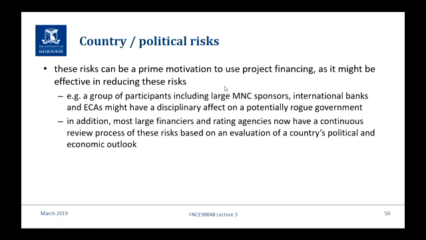So when we think about country risk or political risk, there's another motivation for doing project finance that I didn't mention. It's more specific, and the reason is more subtle. If you're concerned that a government might do the wrong thing, or the bureaucracy might be too much, you bring in a large and dispersed group of sponsors and banks, export credit agencies, large well-known multinationals with a lot of clout on the world stage, and a syndicate comprising all the big banks in the world.